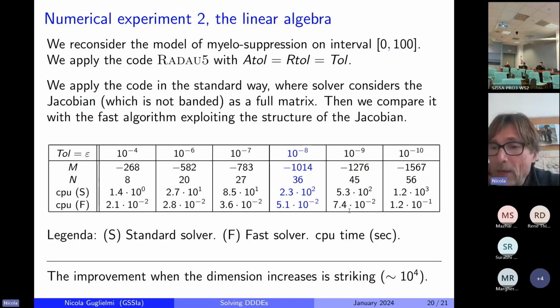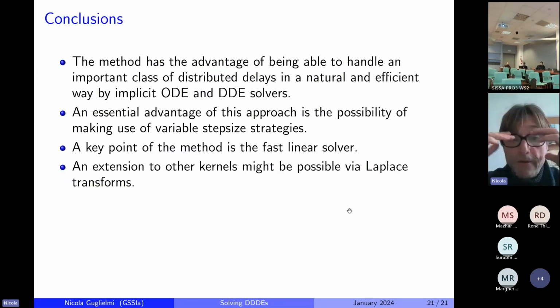And with the tolerance 10 to the minus 10, you have more than 1,000 seconds, so more or less 20 minutes, and instead you have 1/10 of a second if you use the fast linear algebra, because you add more than 1,500 ODEs.